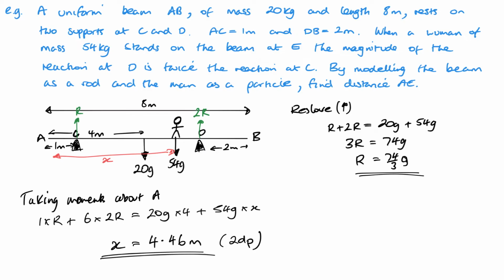And it does make sense. We expected it to be over the halfway point and closer to D than to C, and it is exactly what we expected just from thinking about the problem practically.